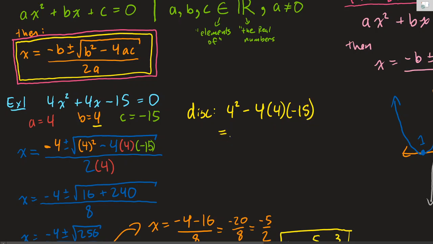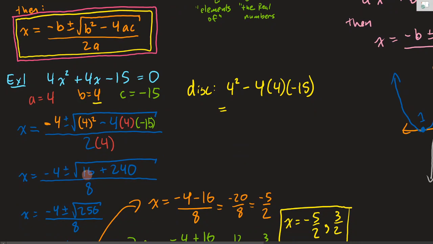Let's copy our work from yesterday. b squared is 16, this is 240, 16 plus 240 is 256. And since that's greater than 0, this means there are 2 solutions.